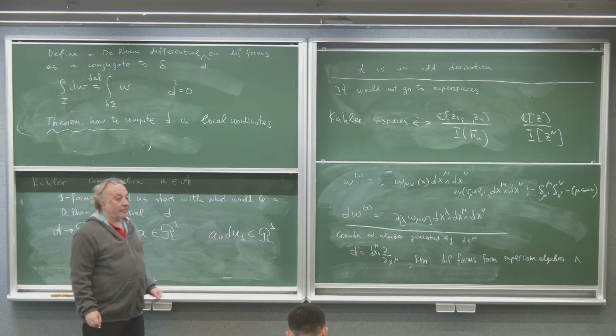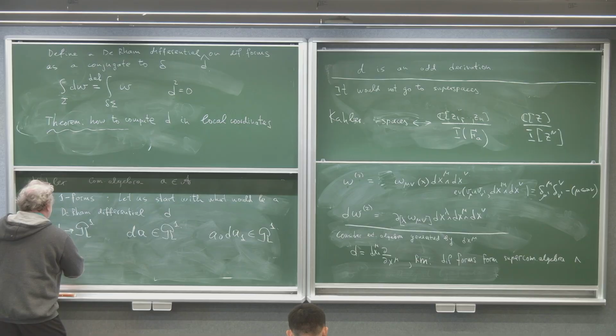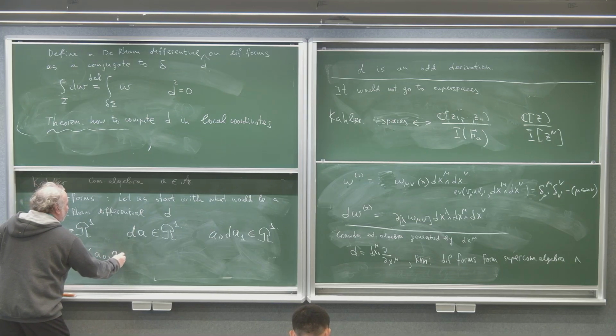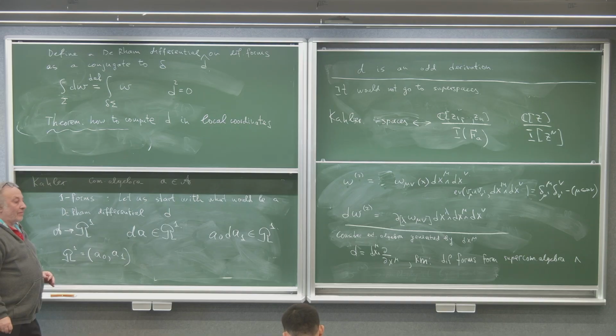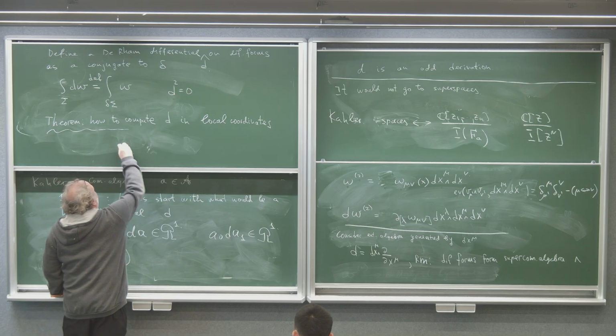However, if we try to say that differential forms are just pairs of two algebraic elements, it will be too much, because we have an example.